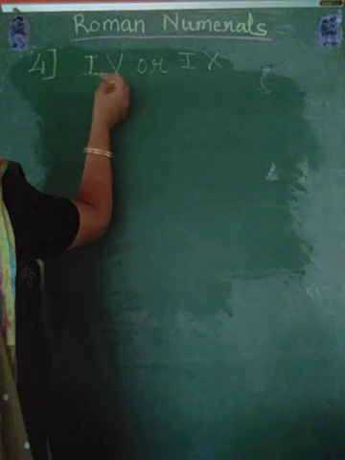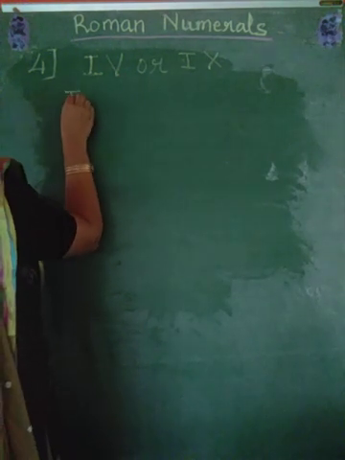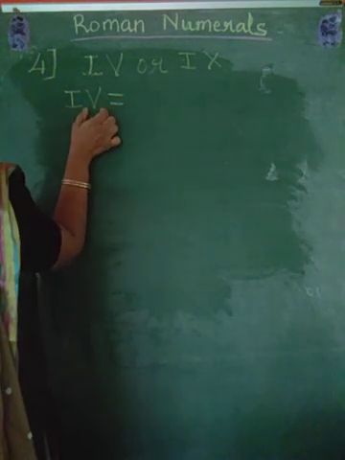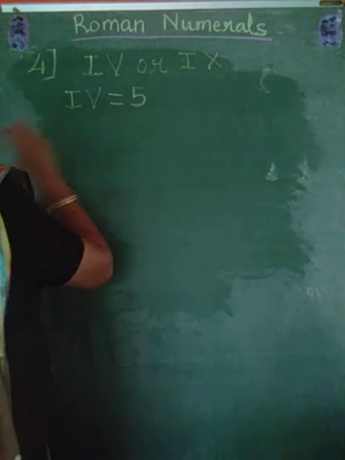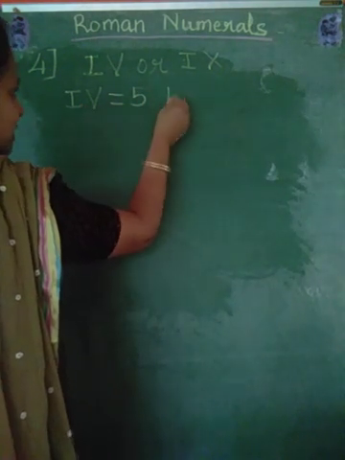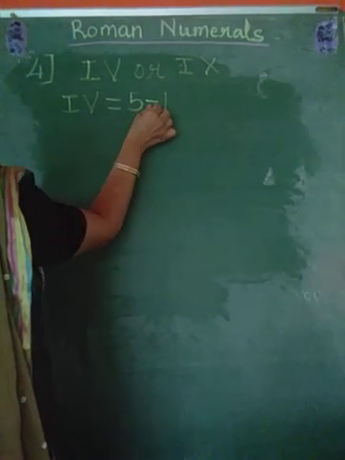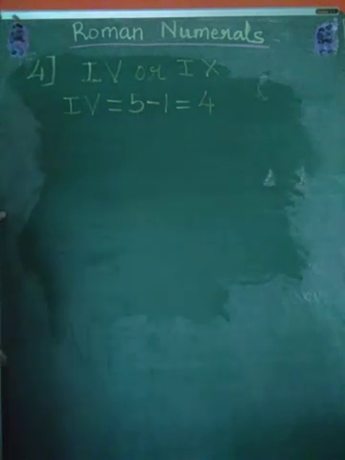So what does this mean? Let us see what is this number. Let us write here IV. So here the bigger number is V and the value of V is 5. So the I, that is its value is 1, is getting subtracted from 5, and so 5 minus 1 becomes 4.